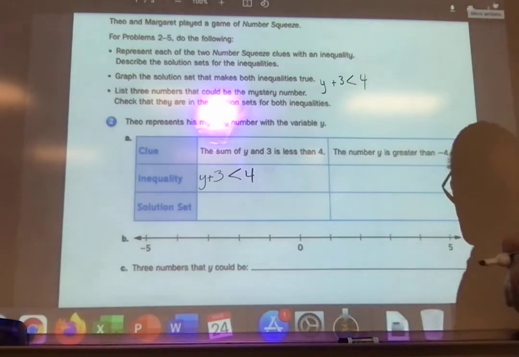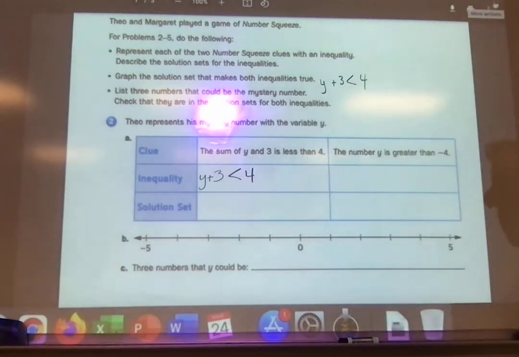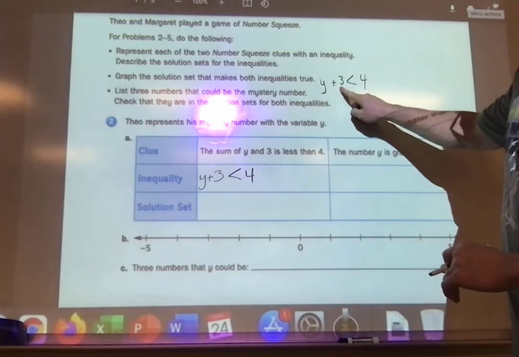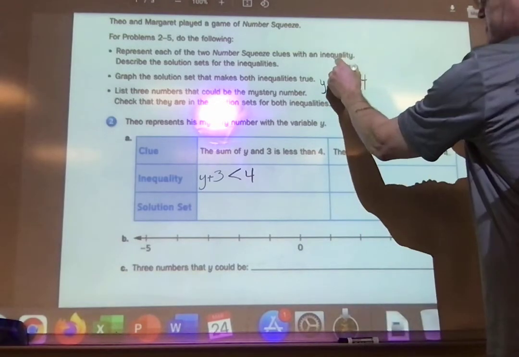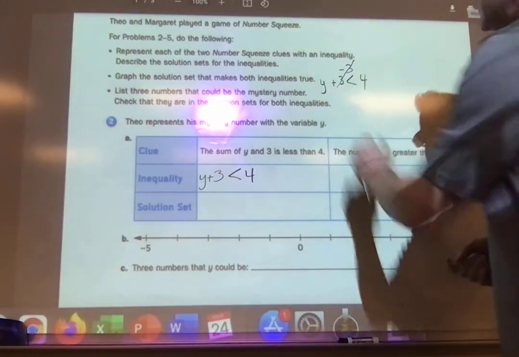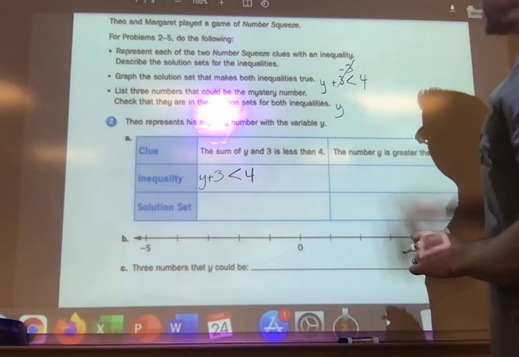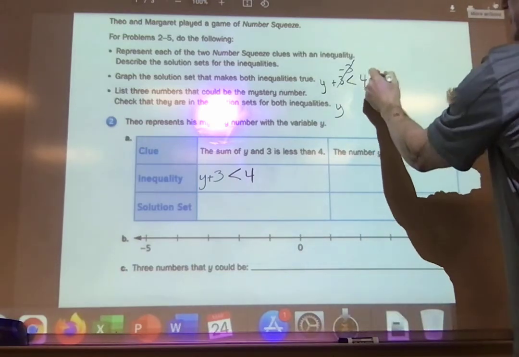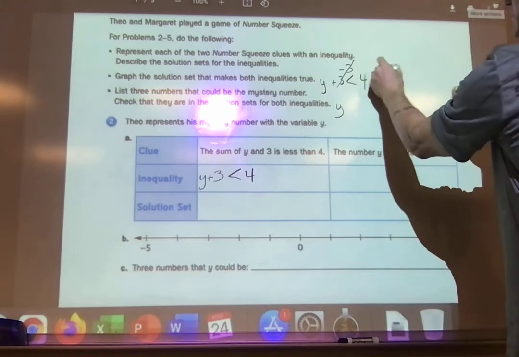If we get y by itself, it'll tell us the solutions more easily. If I'm adding 3 to it, to undo that and do the inverse operation, I subtract 3, and that's like it never happened. So it just leaves me with y. And what I do to one side, I must do to the other to keep the same relationship. So I'm going to subtract 3 here.